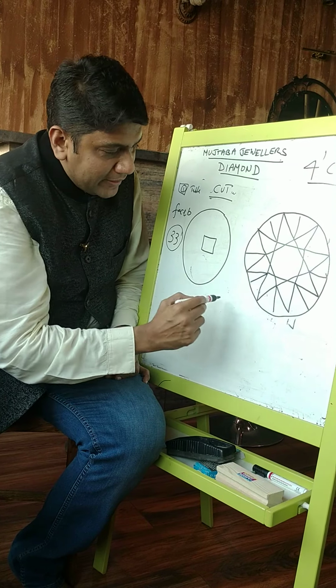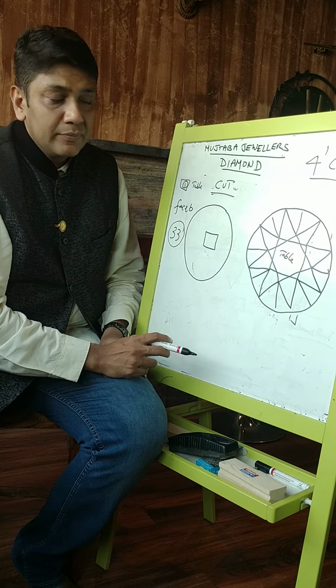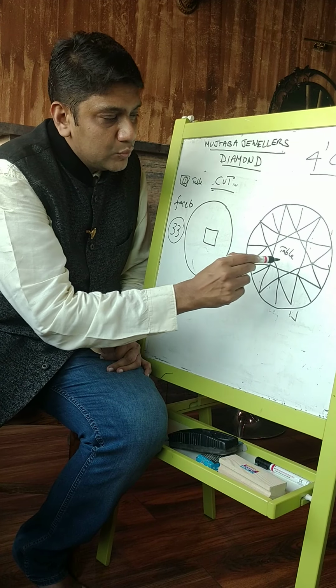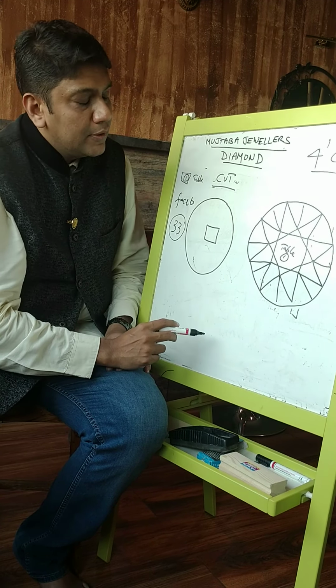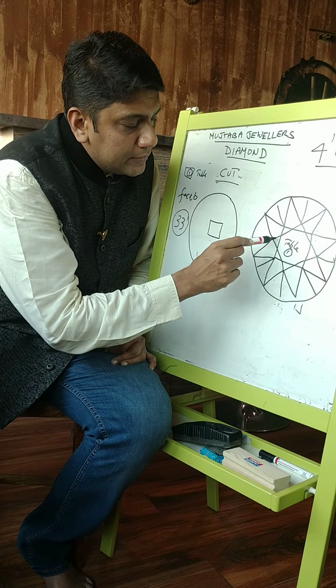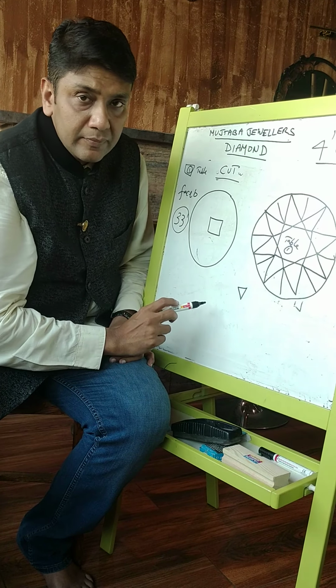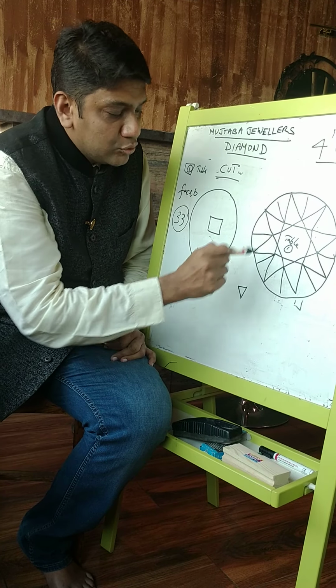The center and the biggest portion is called the table. This is 1 in number. Then you have the triangular pieces next to the table.